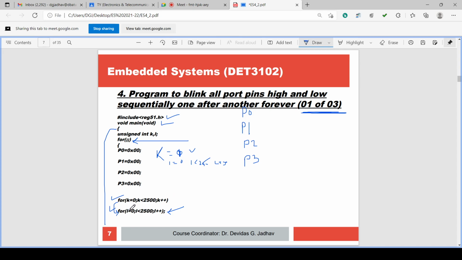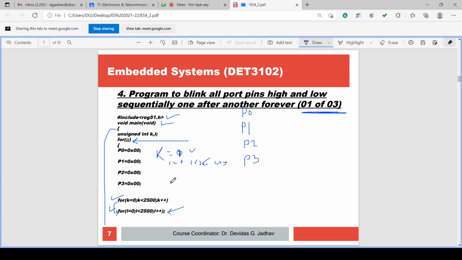So again the for loop for L will execute: L equal to 0, L less than 2500, increment L. So L will execute 2500 times. So the for loop for L is executed 2500 times for k equal to 0.